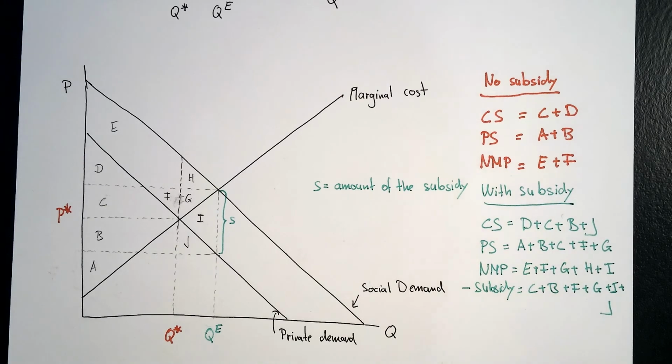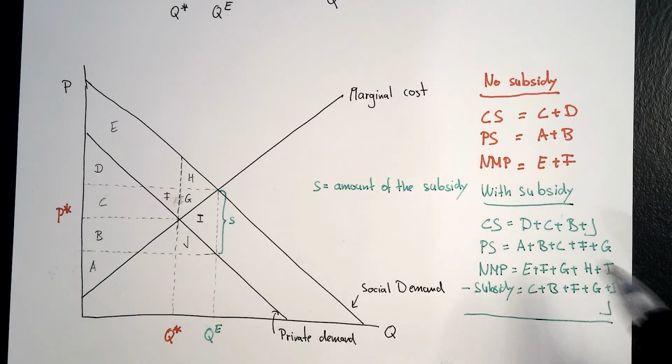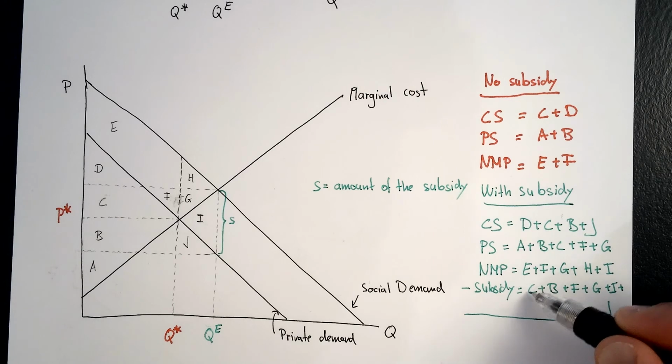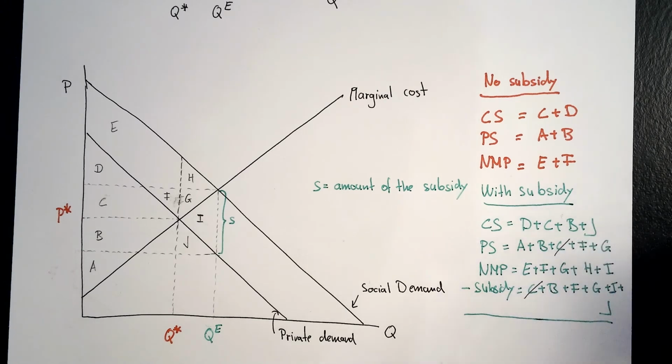So think about this as canceling out. We have to cancel all those terms out. Because this is the subsidy, let's take the C here, the C here.